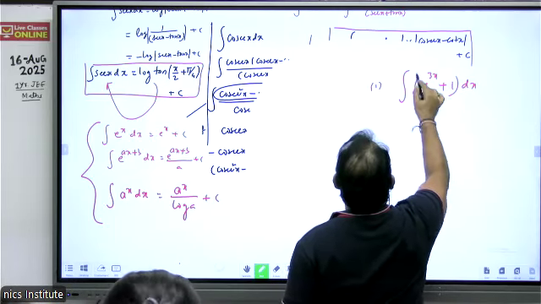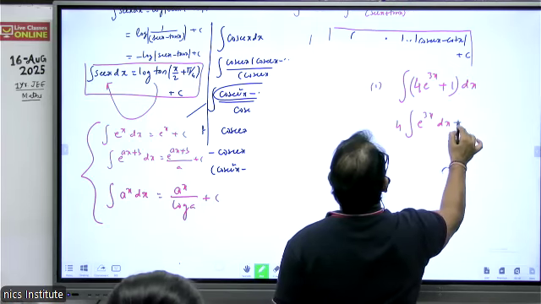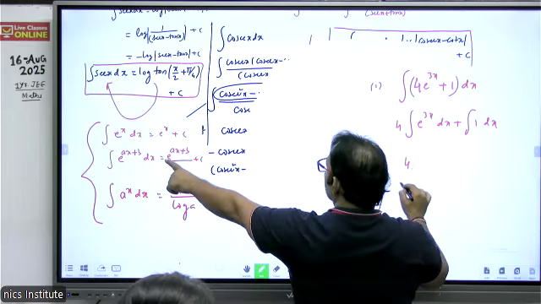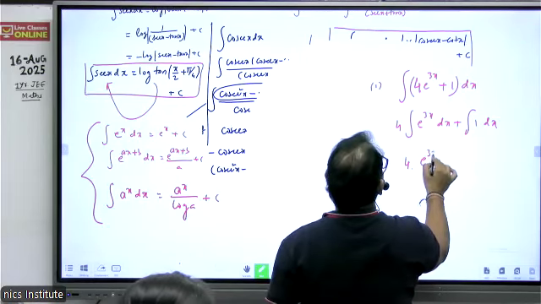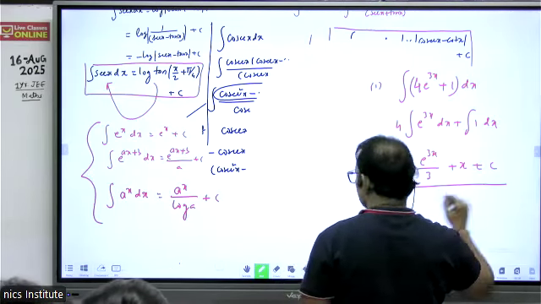Right? So it will be 4 into e to the power 3x dx plus 1 dx. So you can use this one, e to the power 3x by 3 plus x. Done. So simple.